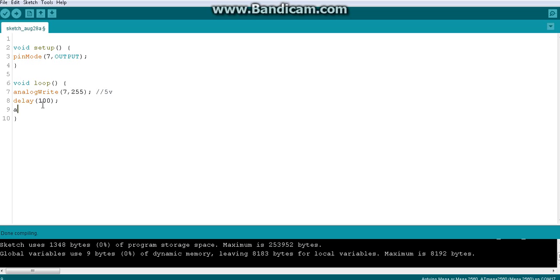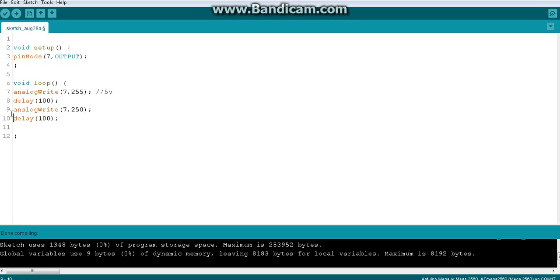So after 100 milliseconds I'm going to decrease the voltage. I will go for 250, yes, 250. Then again delay 100, and again I will decrease by 5.